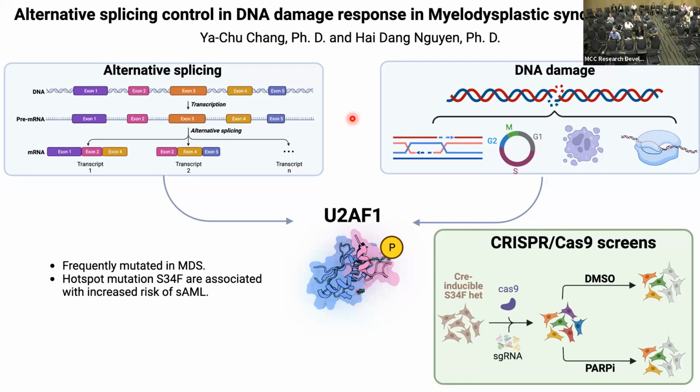So the data suggesting that U2AF1 is phosphorylated is from proteomics data. So we kind of have an idea which residue can be phosphorylated, but we have not applied the newer databases to see whether there are potential kinases that can phosphorylate that residue. But it's a good point that we should definitely look into that. Thank you. That's a really cool paper, by the way.